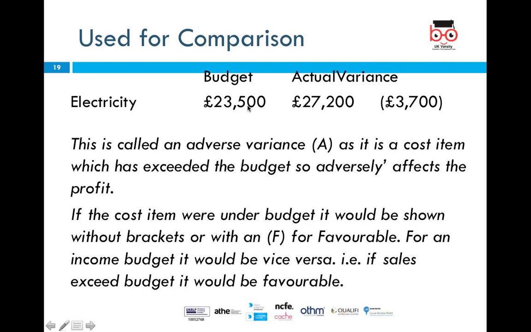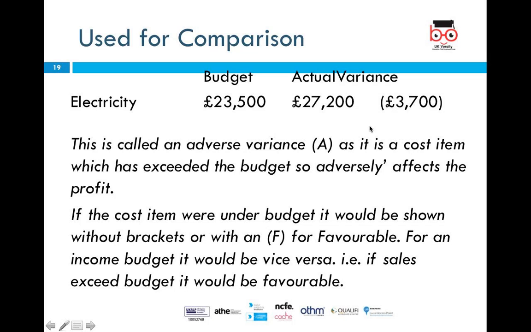That means the company made a budget of 23,500 for electricity consumption, but in actual, 27,200 has been consumed in the electricity bill. That means 3,700 pounds are over in the electricity budget. So this is called the adverse.